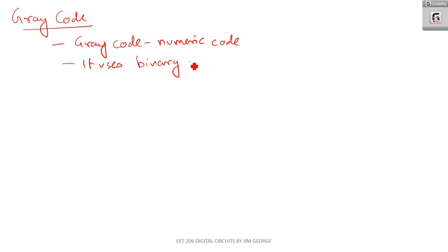Gray code is basically a numeric code. It uses binary number system as reference.